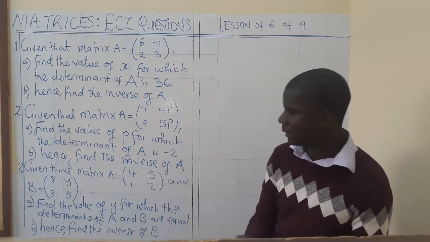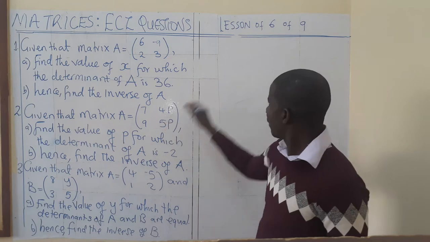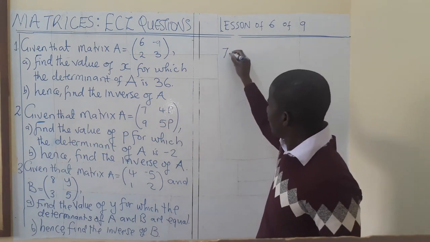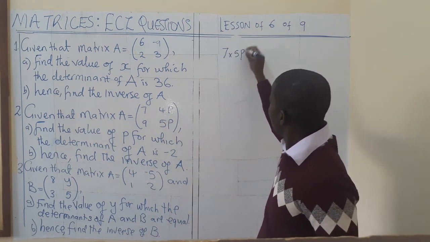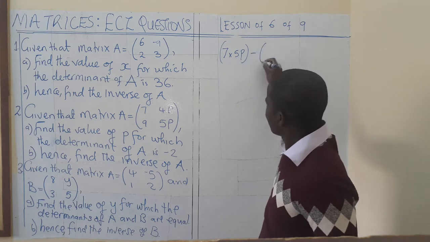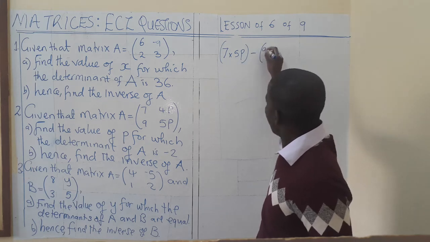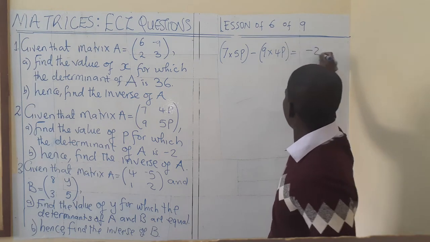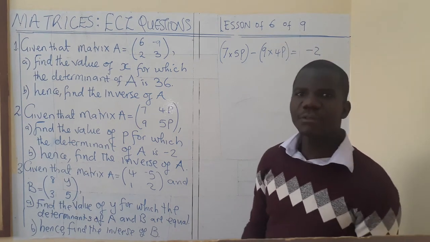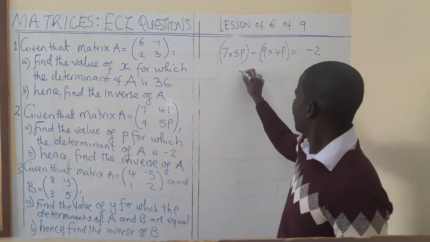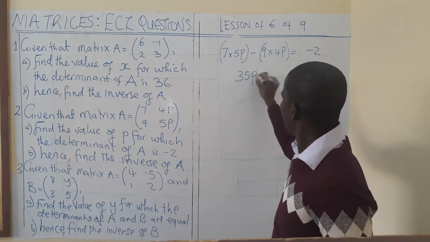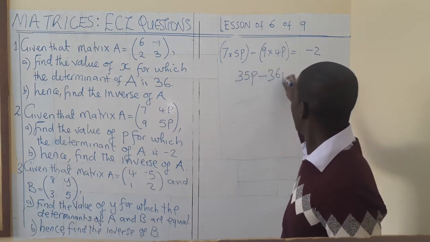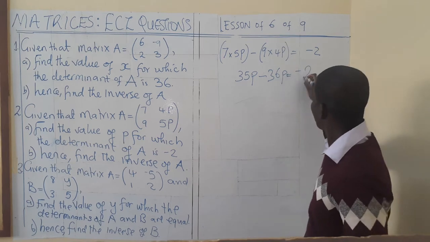We are going to say 7 multiplied by 5P minus 9 multiplied by 4P. This must give us negative 2. Are we together? So here we get 35P minus 36P is equals to negative 2.